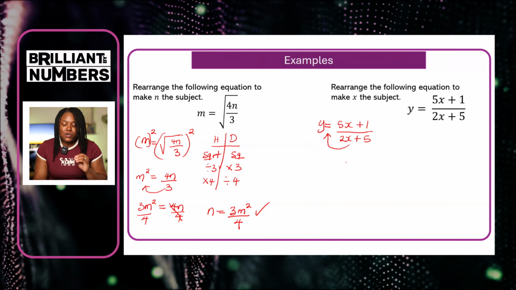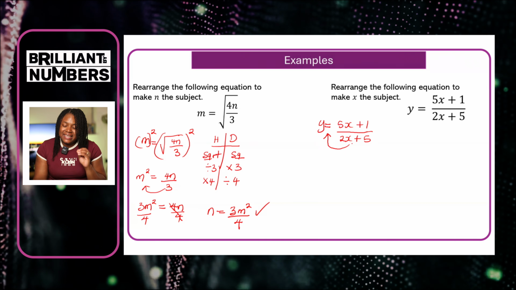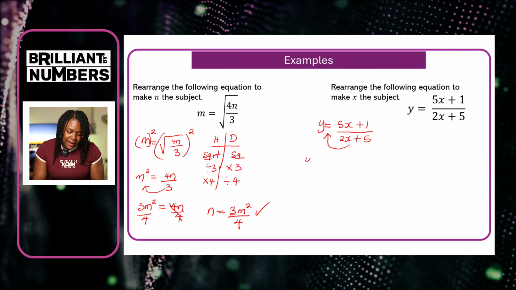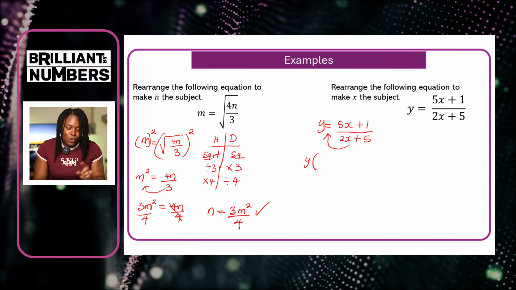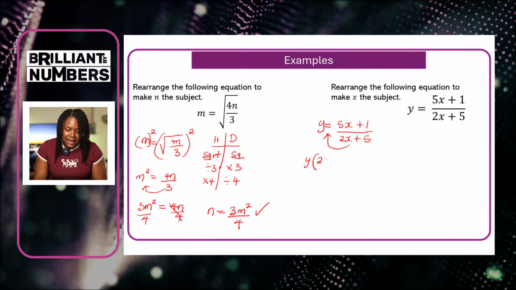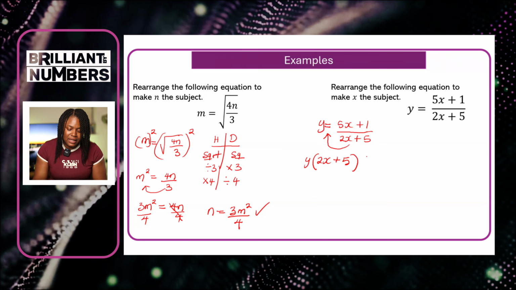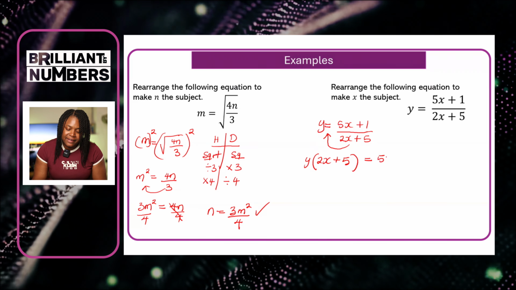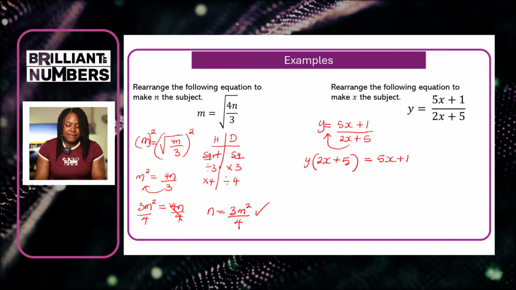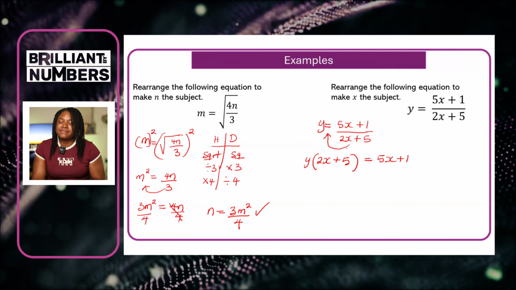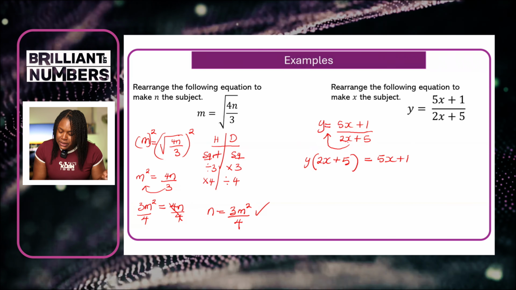And remember, because it's an expression, I'm going to put y on the outside of my bracket. Y is going to be multiplied by both 2x plus 5. So that's now equal to 5x plus 1, if I move this 2x plus 5 to the other side as a multiplication.